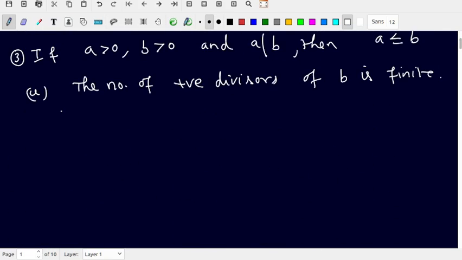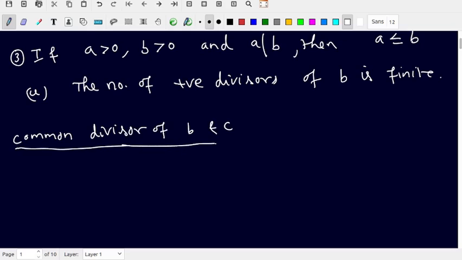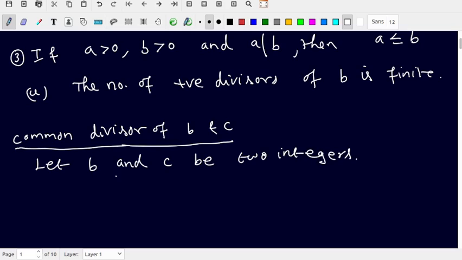Now we are in a position to define common divisors of two numbers, the common divisors of B and C. Let us take B and C to be two integers. A common divisor is a number that divides both.